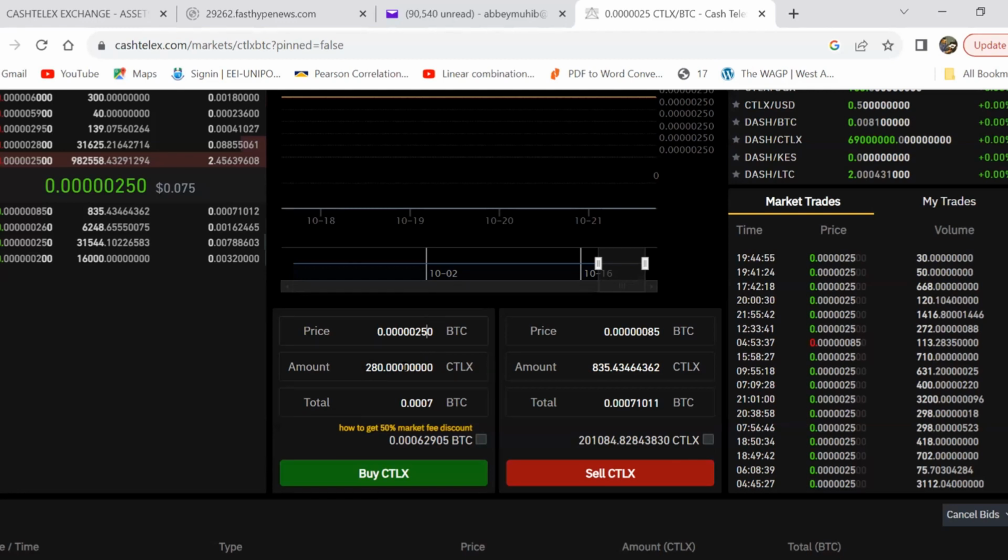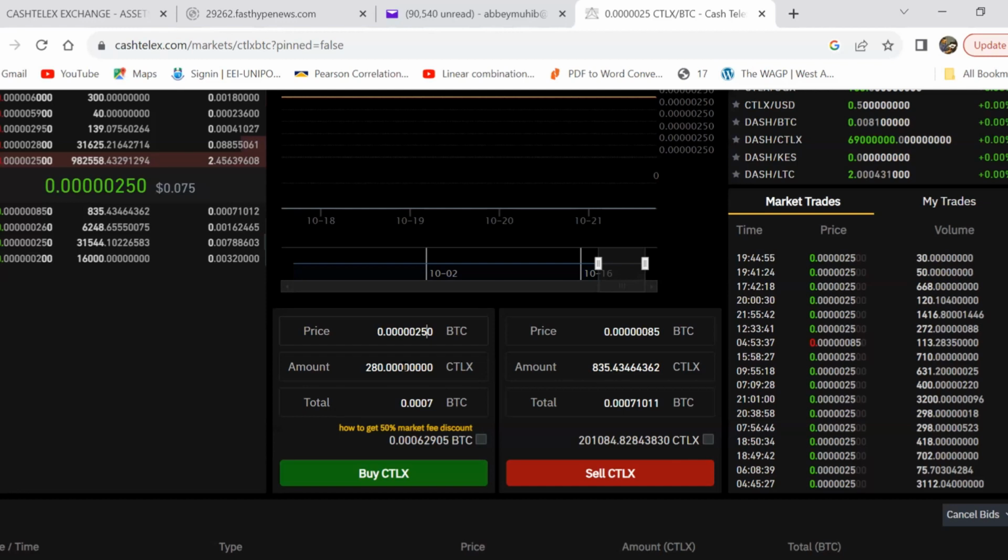It's still cheap now. Just imagine I'm buying it at this cheap rate and it's translating to 280. Imagine in future when we have one CTLX at what we're having Bitcoin now, like maybe $16,000, multiplied by 280. That's huge, considering that even in Nigeria our naira is dropping every day.